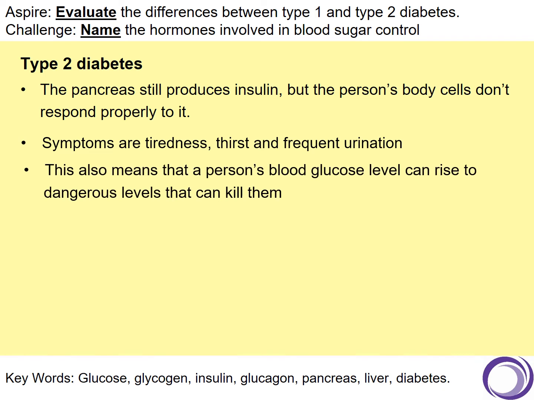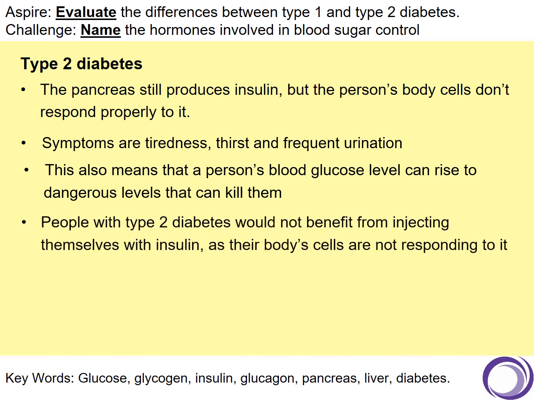It also does mean that if their blood sugar levels get very high, it can be very dangerous and it can still result in death. And people with type 2 diabetes wouldn't actually benefit often from injecting themselves with insulin, as their body cells are not responding to it. So they tend to take other medications instead that allow their body to respond to what insulin is there.